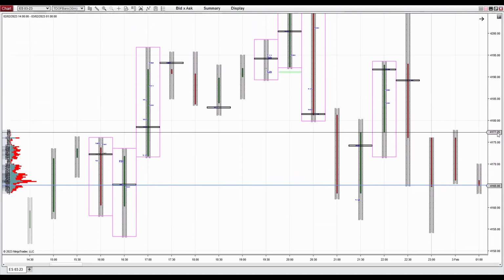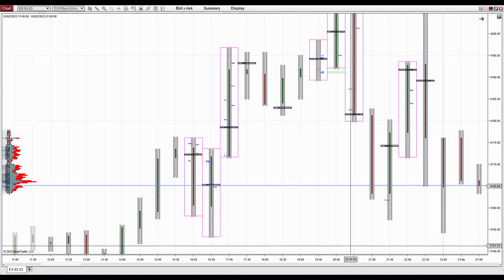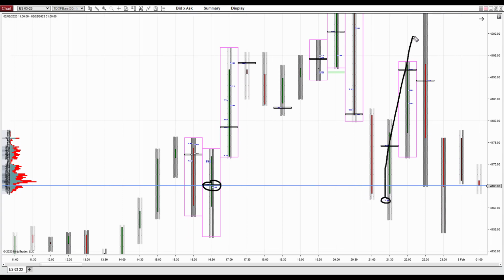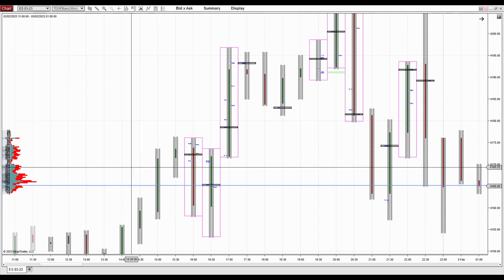Let me zoom it out a bit so you can see it. All right, so those were the huge volumes. And here, that was the confirmation. From here, that was that ideal placement of that long trade. All right, so this was the best way to trade this scenario.